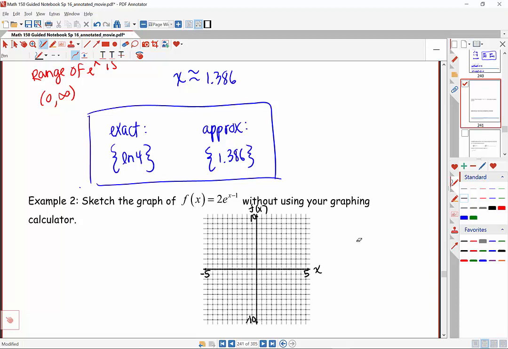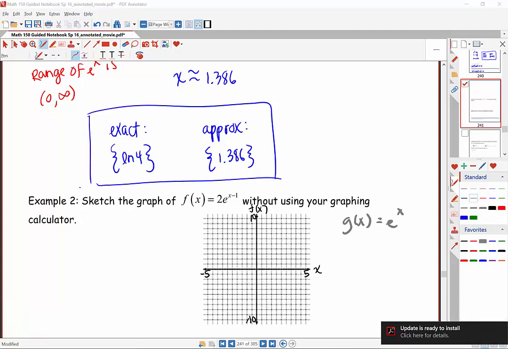If we do a little ghost graph of what f of x equals e to the x, or some g of x is e to the x, right? So g at x is e to the x. We know that it's going to look something along the lines of, when you have a 0 input, you would have an output of 1.